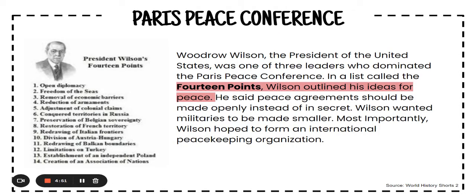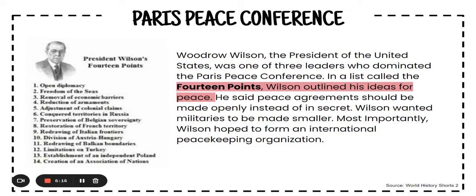Now, President Wilson, America's president, had this idea called the 14 points. This was his idea for peace. So make sure we write this down. He said peace agreements should be made openly instead of in secret. So he was saying, let's not hold secret meetings. We need everyone to know about this.